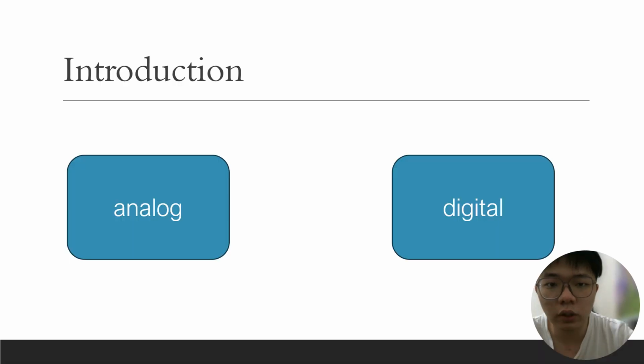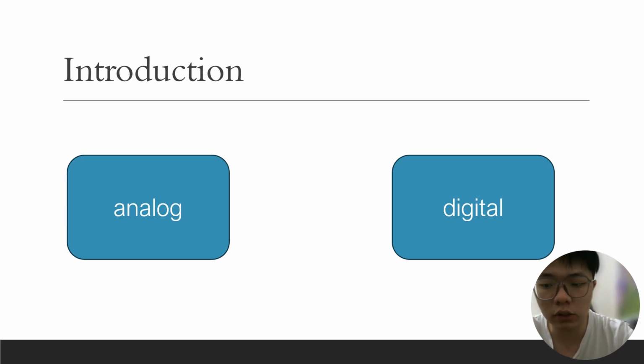Now I will give an introduction to analog and digital. So what is analog? Analog modulation is when a continuous signal is modified to encode information. There are three types of analog modulation, which are AM, FM, and PM.